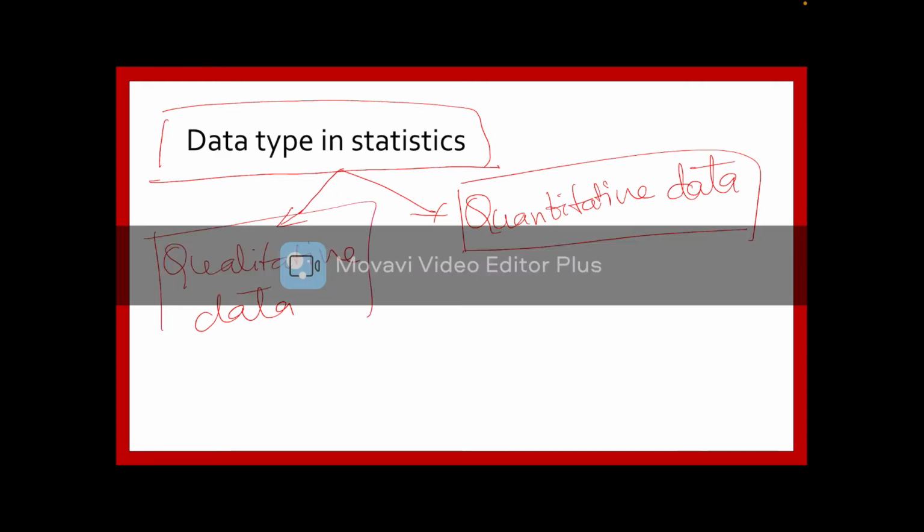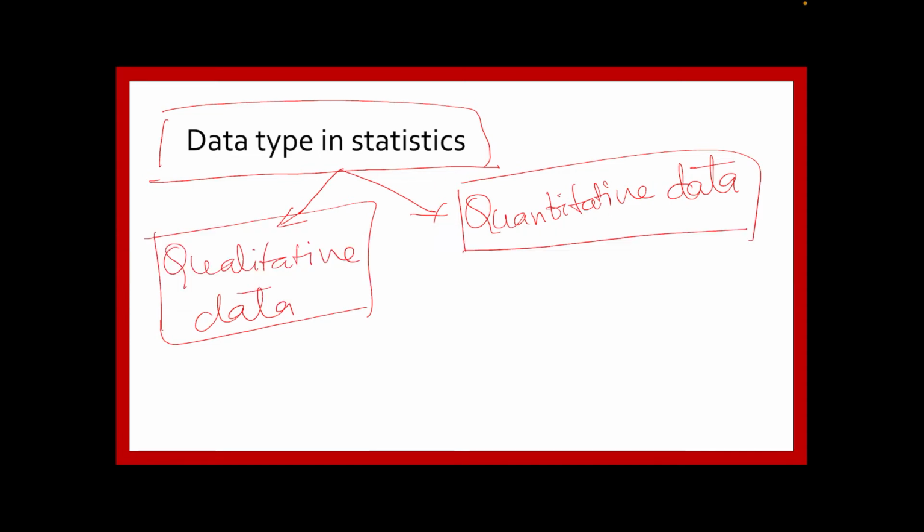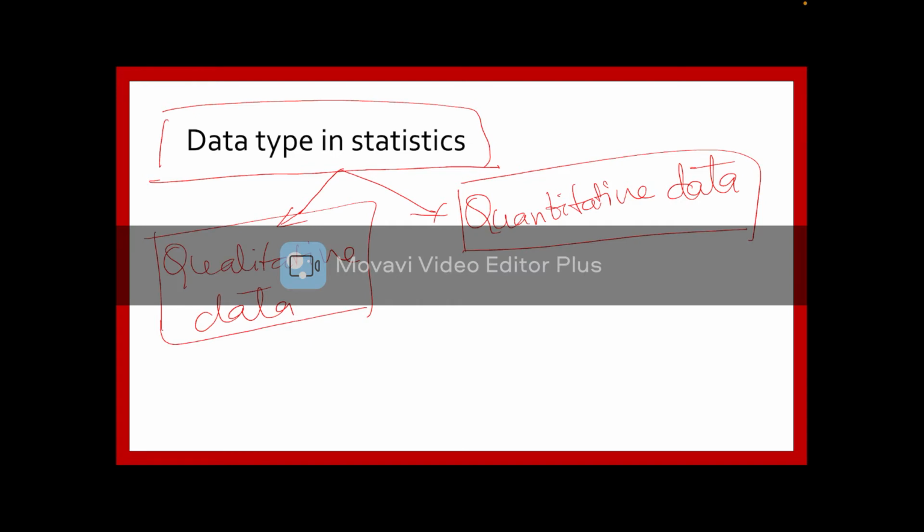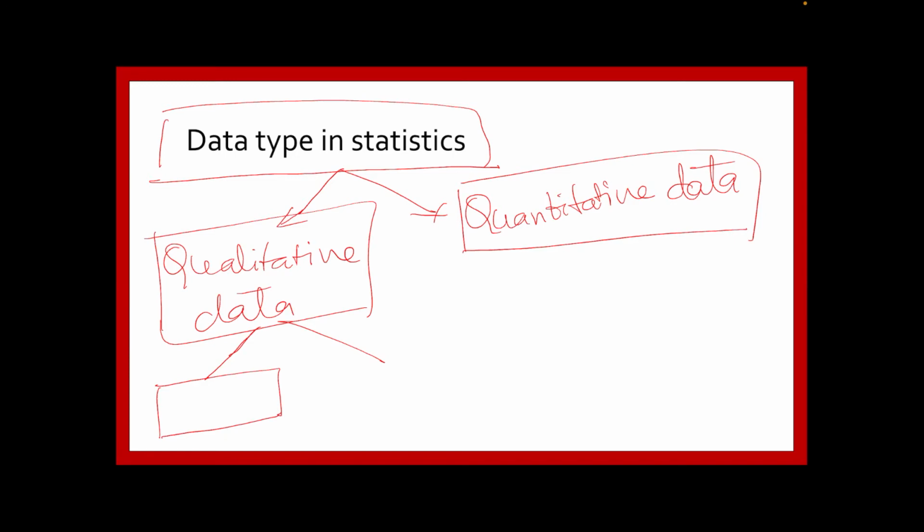Qualitative data is telling us basically about quality, as is clear from the name. It is where only classes or categories are there. So qualitative data gives us some kind of categories, or categorical data also. We can say also categorical data.